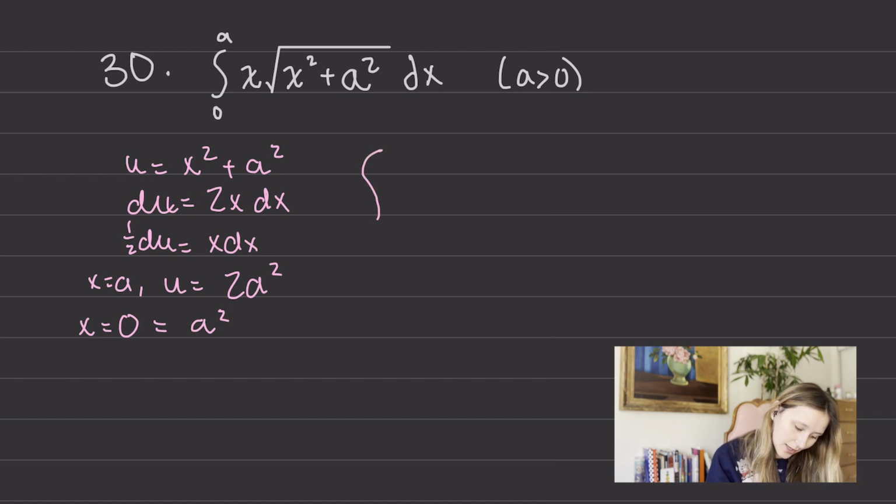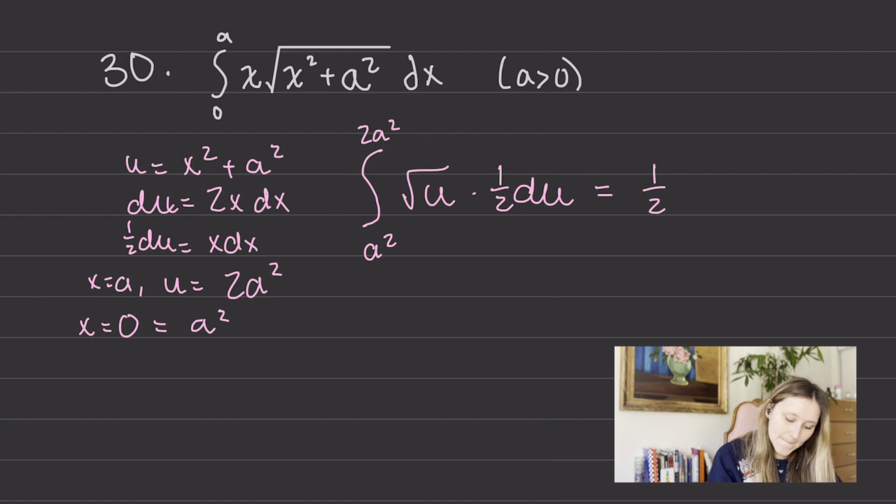Now, plugging all of this in, we get a squared to 2a squared, root u times 1/2 du. We get 1/2 the integral of root u, which is going to be 3/2 u, just kidding, 2/3 u to the 3/2, evaluated at 2a squared and a squared.